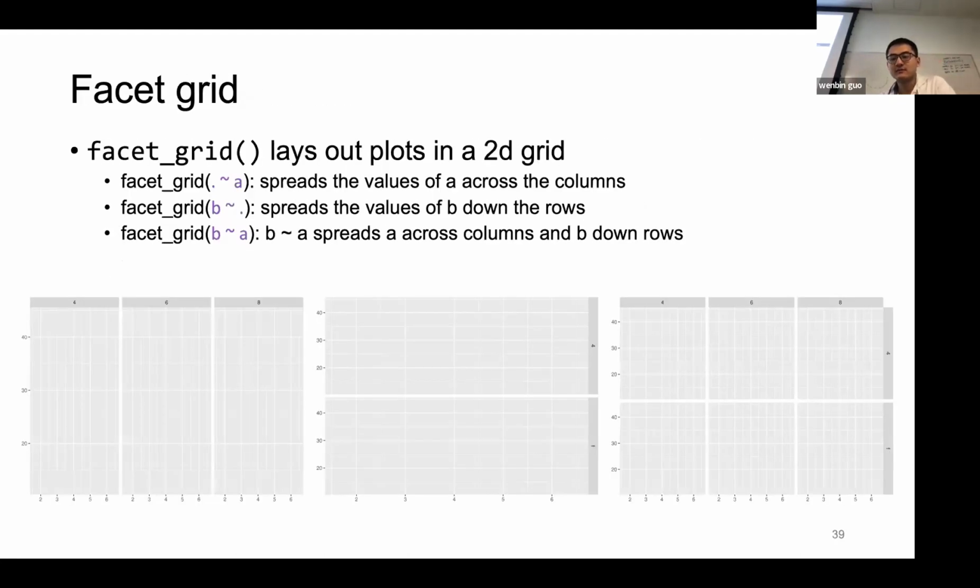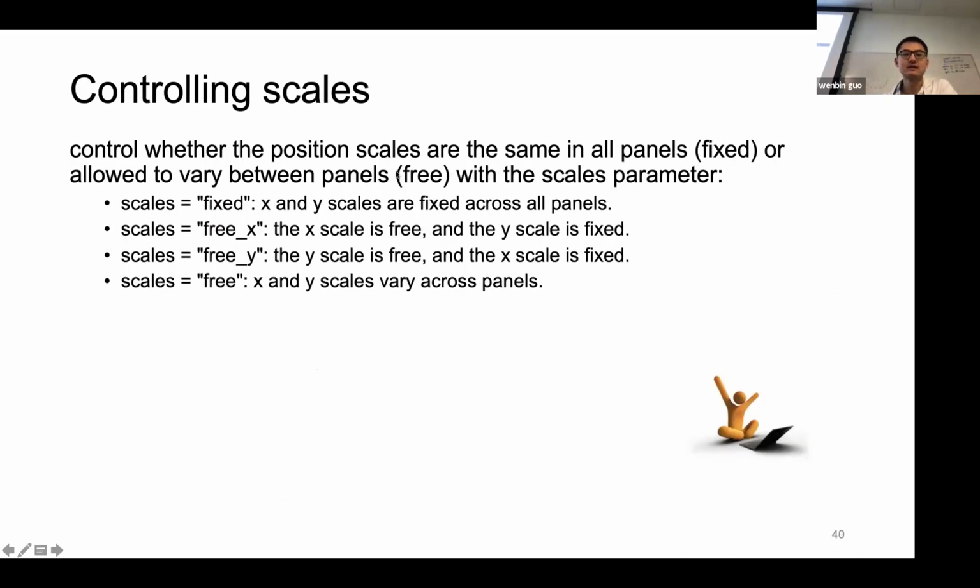So there are some parameters you can control. If you don't specify anything, then you will see each of the panels share the same scale of x-axis and y-axis. So this is the default action. You can actually control it using the scale parameter. The default one is fixed. They are fixed across all panels.